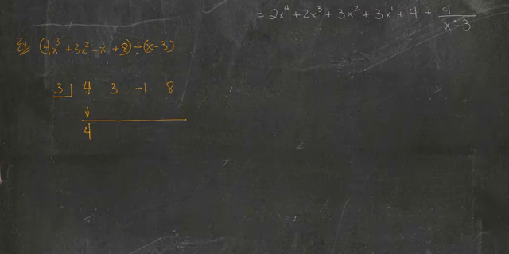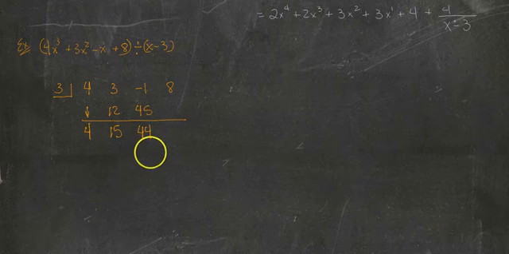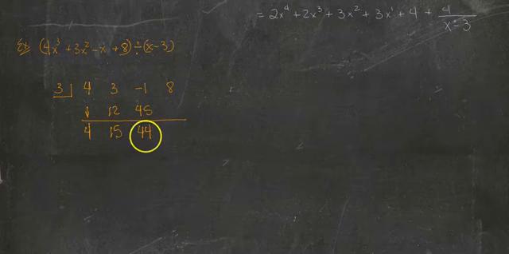Bring down the 4, 3 times 4 is 12, add, I get 15. 3 times 15 is 45, add, I get 44. 3 times 44 is, good Lord Almighty, what is that? So 3 times 40 is 120, and 3 times 4 is 12, so 132.